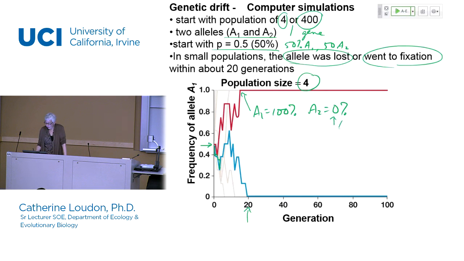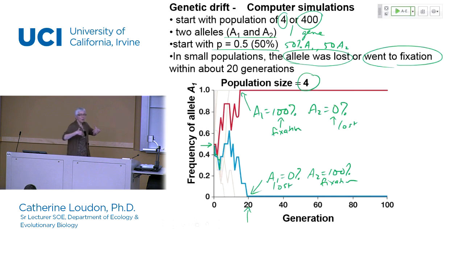So A2 was lost. A1, we would say, went to fixation. In this particular example here, A1 went to 0. Right, so there's no more A1 in this simulated population. A2 is now at 100%, so this one went to fixation, and this one was lost.